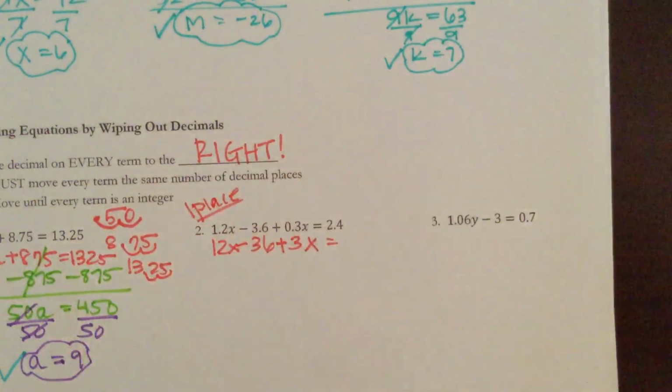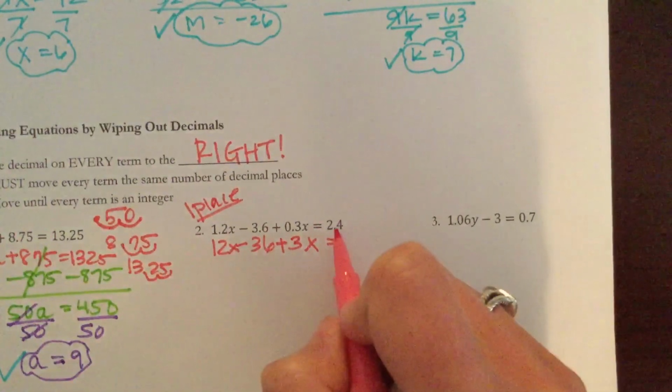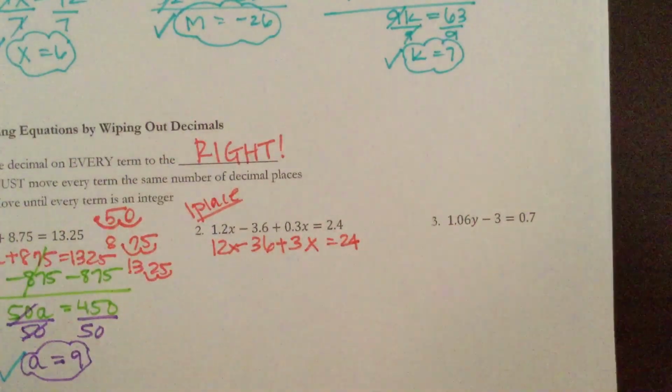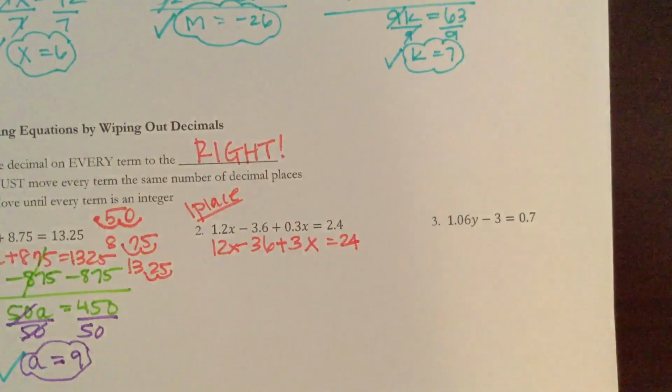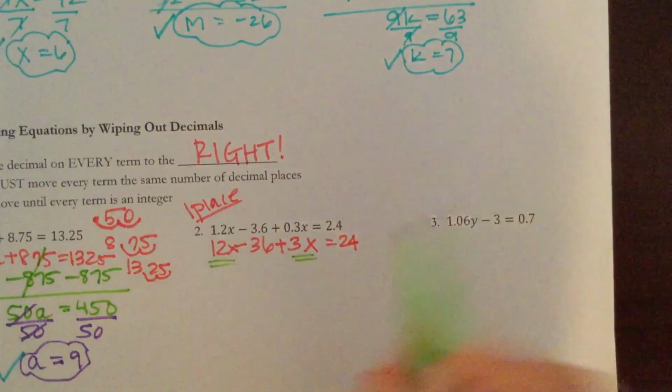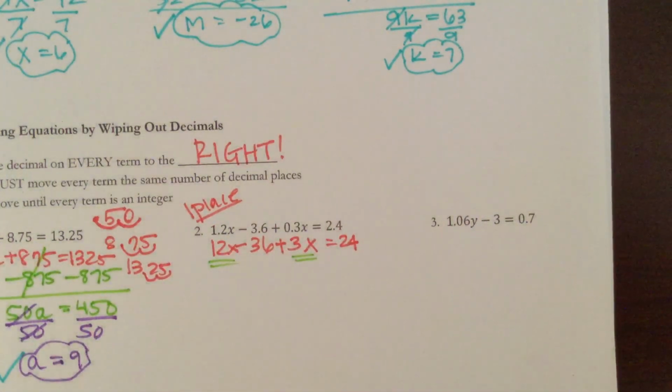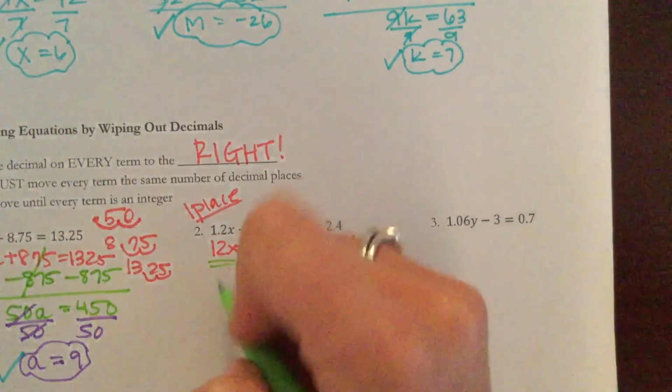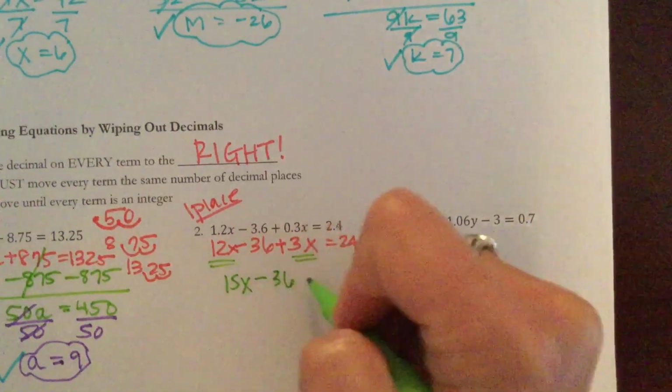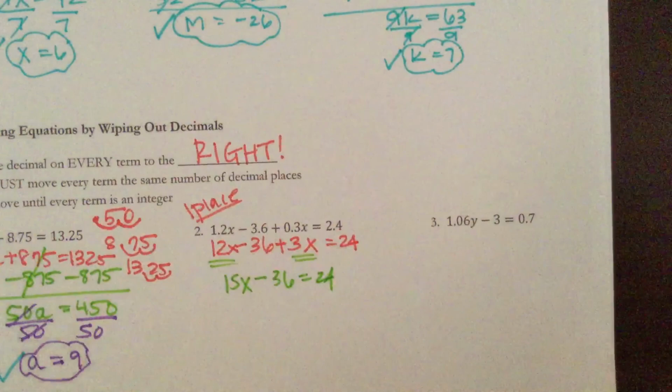And finally, 2.4 moved over 1 decimal place becomes the number 24. Now that we've eliminated fractions or decimals, we want to combine any like terms. We should see that 12x and 3x are like terms here and need to be combined. 12x plus 3x gives us 15x minus 36 is equal to 24.